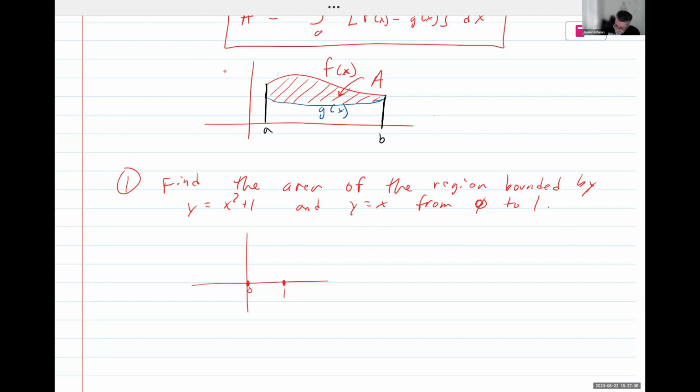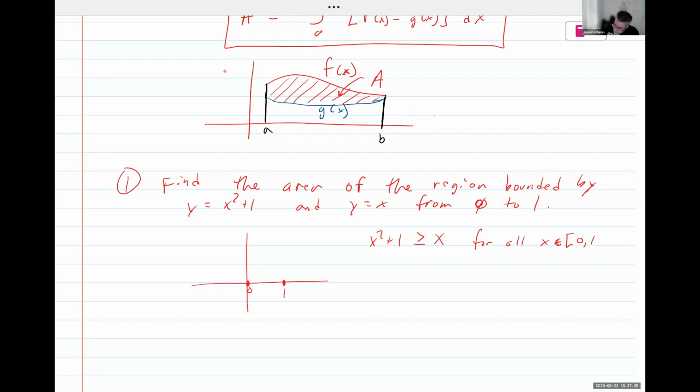So we could say that x squared plus 1 is always greater than or equal to x for all x in [0, 1].